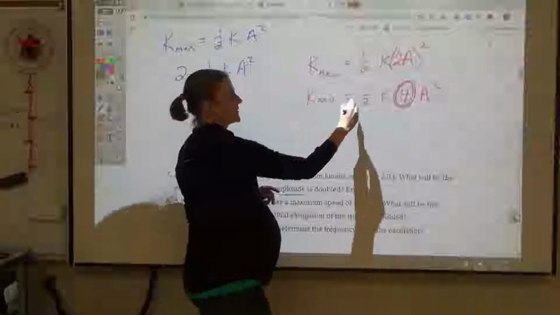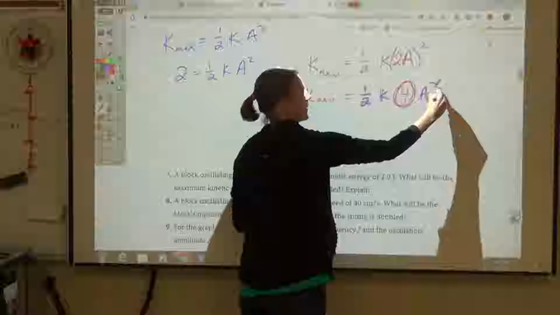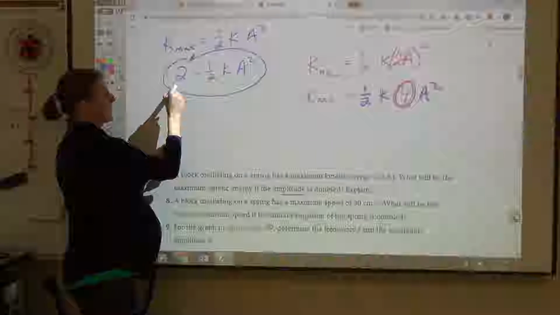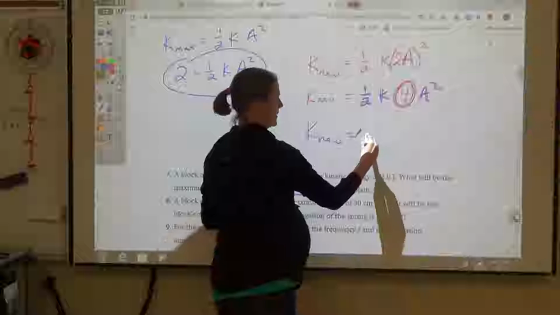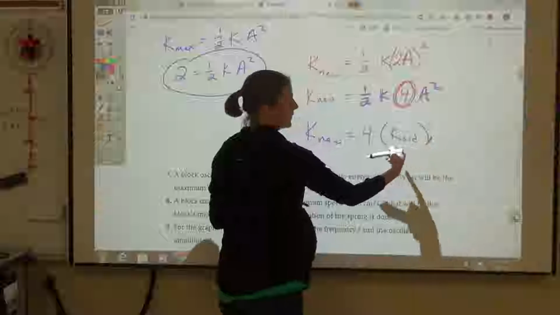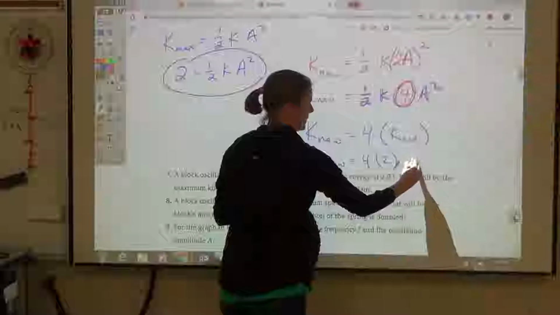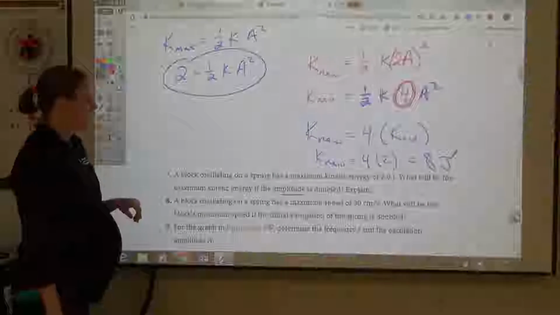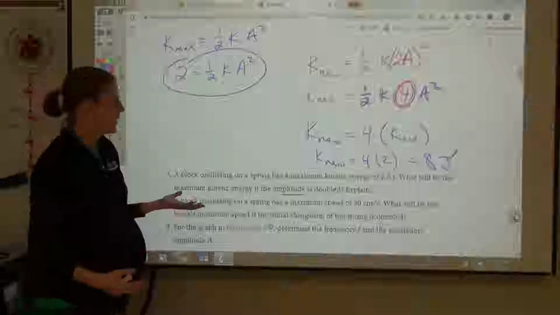Other than the 4, I've got 1/2 K A squared, and that is 2, the K old. So you should get 8 joules. That's doing it all out.